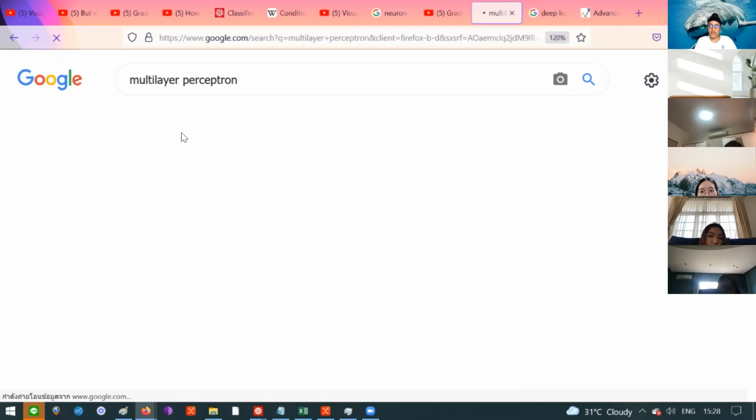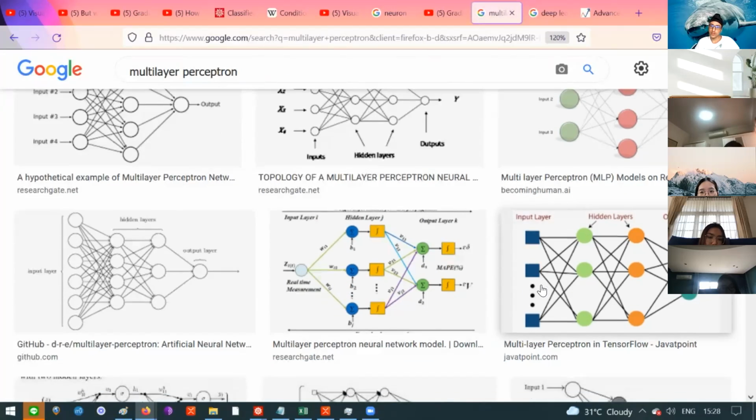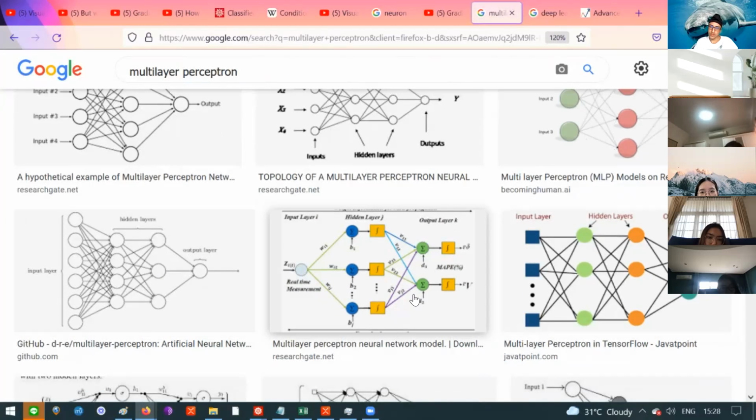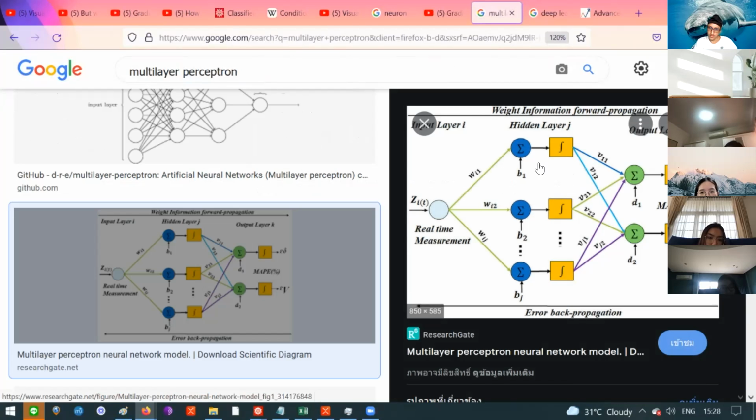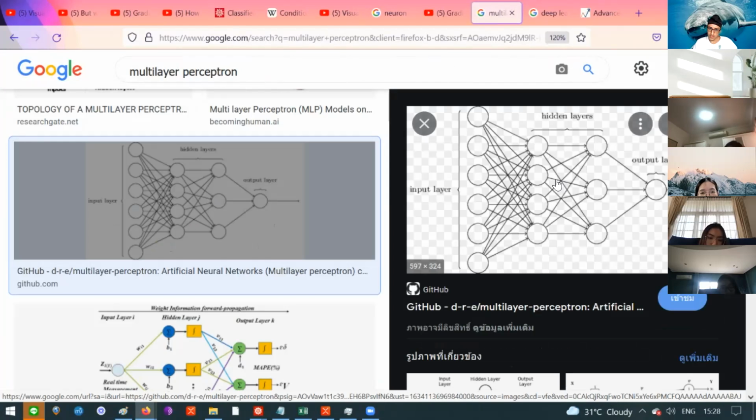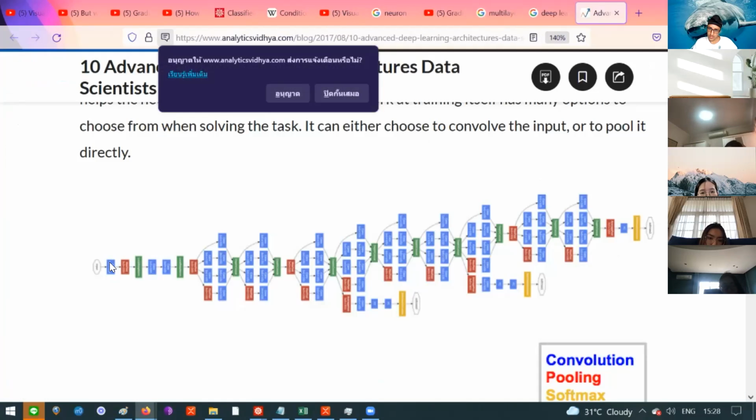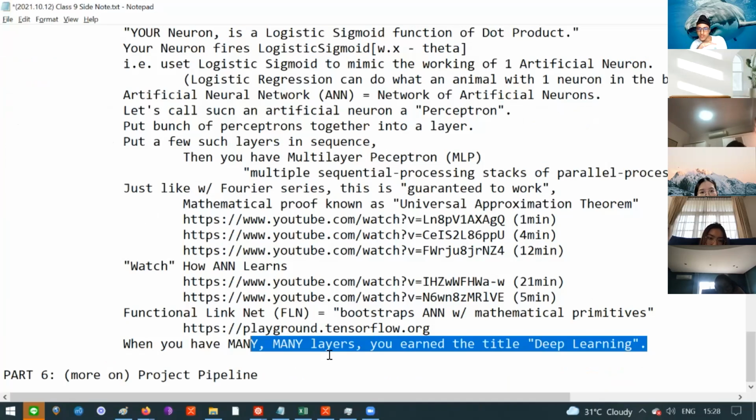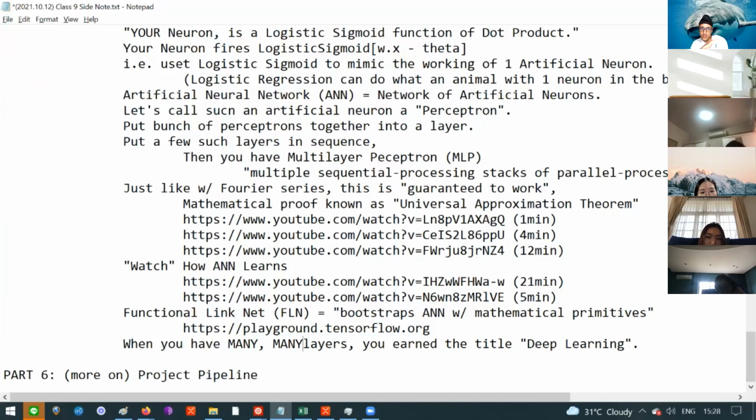When I was your age, we were working with something like this. Now, imagine each one of these is much smaller than what's inside here. And then you have so many of them. That's why this is called deep learning. It's many layers.